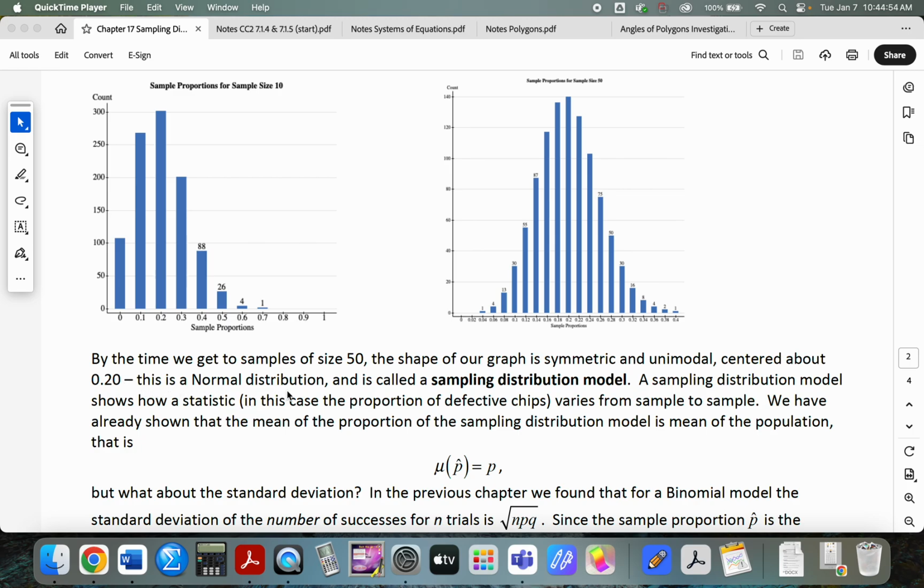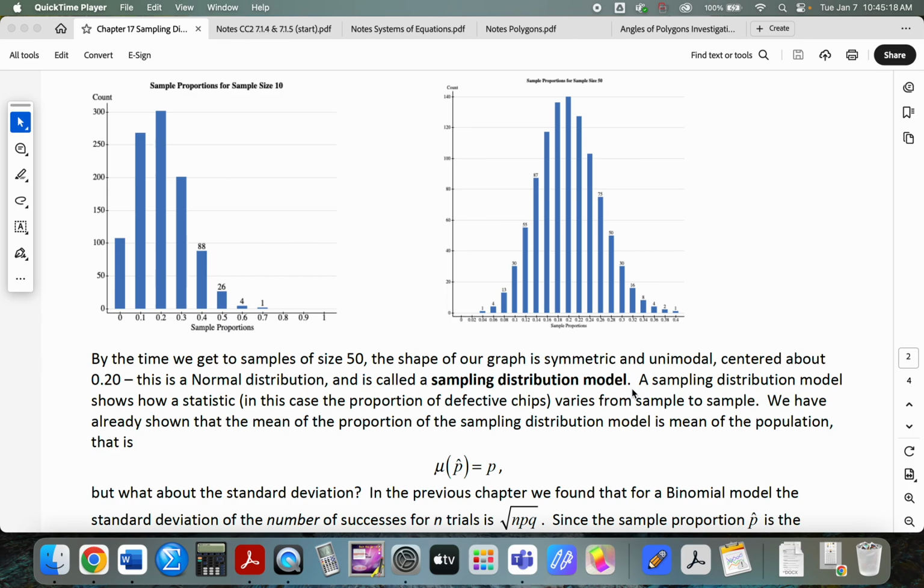This is a normal distribution, and it's called the sampling distribution model. A sampling distribution model shows how a statistic, in this case the proportion of defective chips, varies from sample to sample. Because not all of our samples are going to have exactly 20% defective, are they?